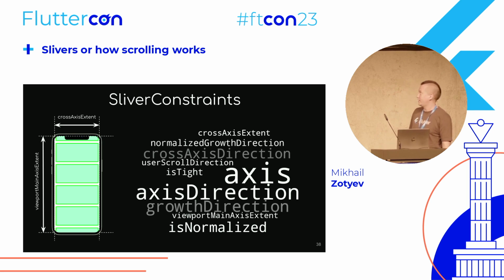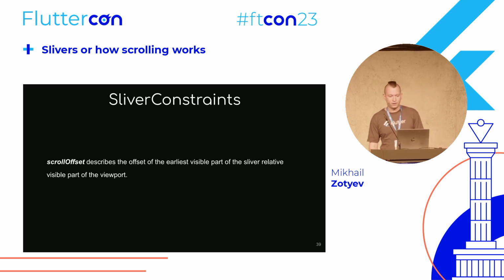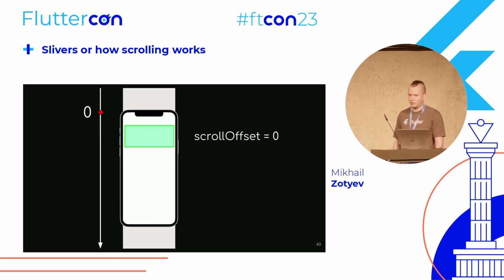But not only this, we also have additional properties. First of them is scroll offset. It describes the offset of the earliest visible part of the sliver relative to the visible part of the viewport. It sounds easy, but there are a lot of tricky things here.